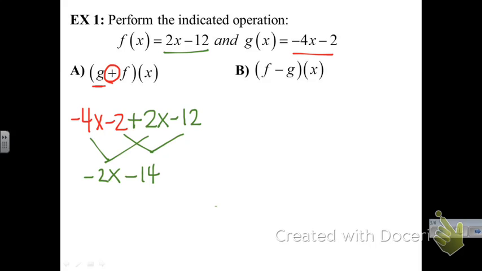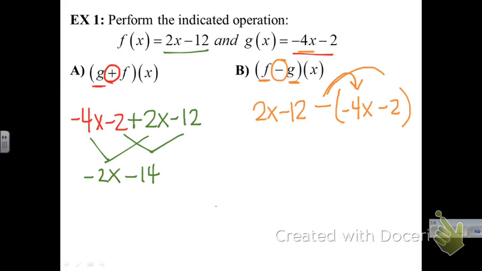On B, we're going to do the same thing. This says we start with the f function, so we take all of the f function, which is 2x minus 12, and we're going to subtract the g function. Now, subtracting, you have to understand that it's going to subtract the entire g function, not just the first term. So instead of just putting minus a negative 4x minus 2, we're going to use parentheses. And the parentheses will help us to remember that this negative has to distribute to all of that function, all of those values.